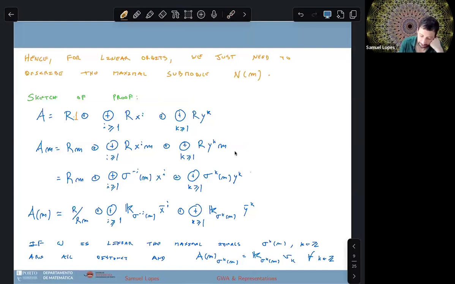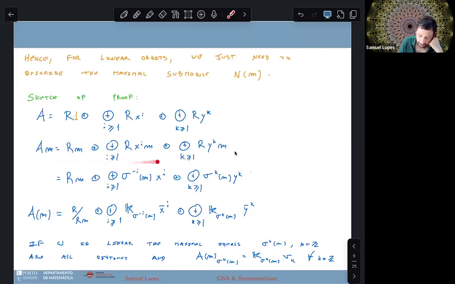So I can look at the ring A as a left R-module like this. When I look at this submodule, or left ideal generated by M, which looks like this, I can just multiply all of these things to the right by M. This will still give me a direct sum decomposition that looks like this.